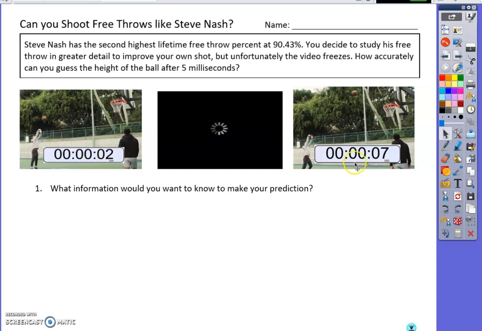So we have 2 and 7, that's what we know. And what information do we know? Well, we can see where it was at 2 seconds, and we can see where it was at 7 seconds. So we need to find the measurements.